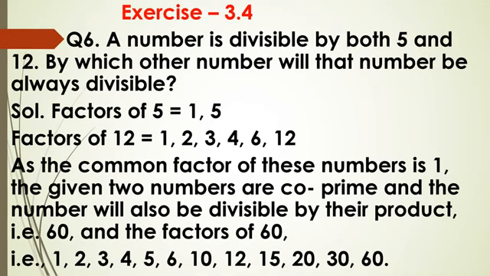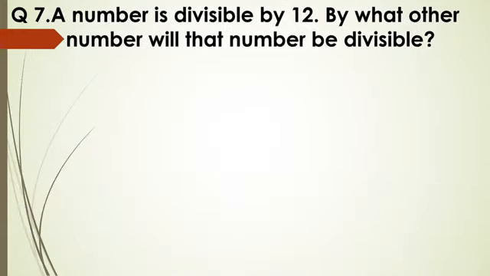Okay? Just go through this question once again, you will understand. Now see question number 7. A number is divisible by 12. By what other number will that number be divisible? If a number is divisible by 12, then that number is divisible by all the factors of 12 also.